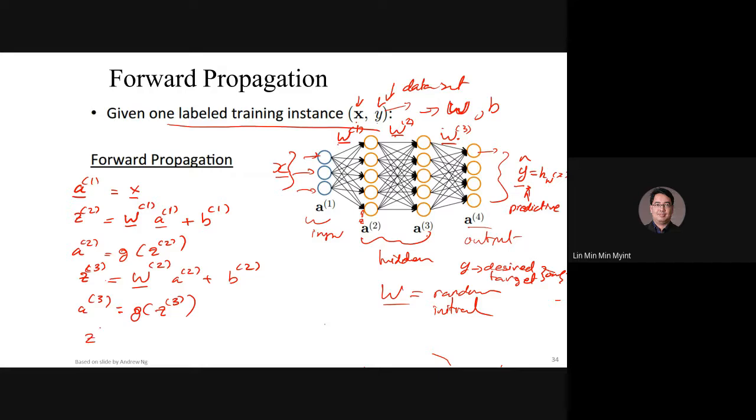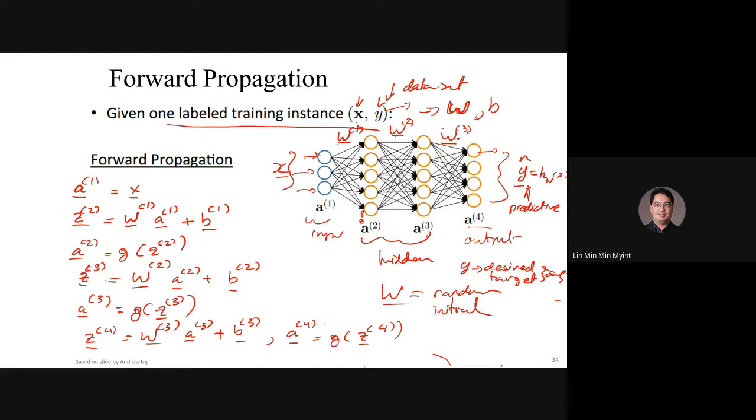Finally we can calculate the output. Z4 means W3 multiplied with A3 plus B3 vector. And from here we can calculate A4 is equal to g of Z4. However large the network is, by using these matrix calculations you can calculate the forward propagation easily.